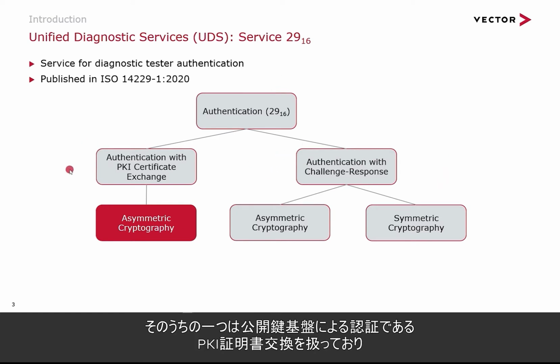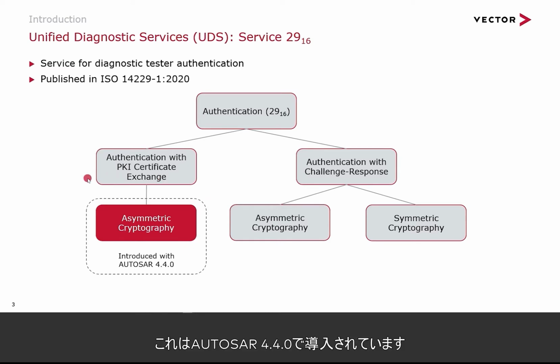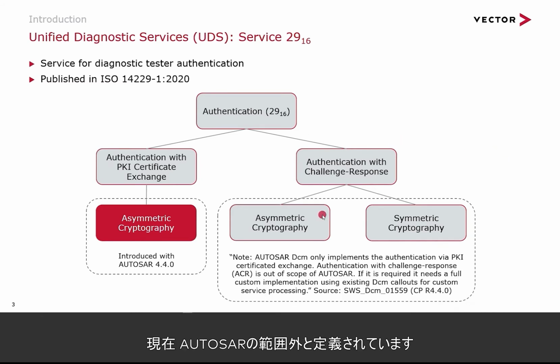One of them deals with authentication with PKI certificate exchange, public key infrastructure, and this relies on asymmetric cryptography. This is introduced in AUTOSAR 4.4.0. The other things that are in the ISO are presently defined as being out of scope of AUTOSAR.